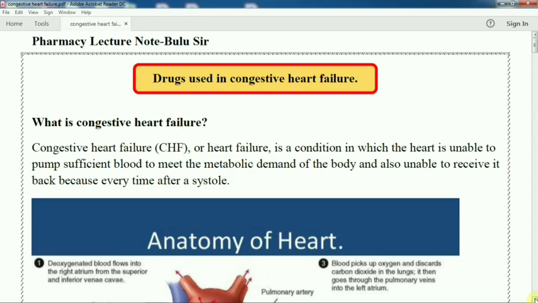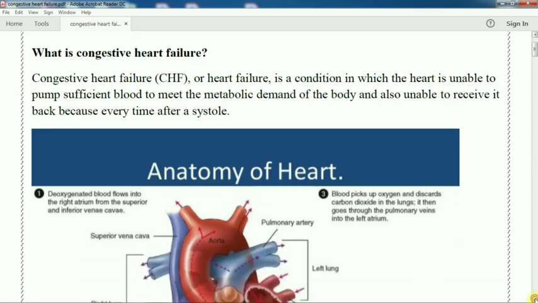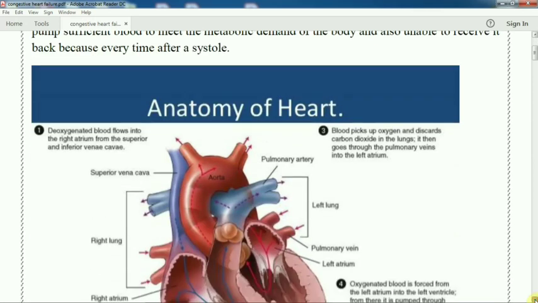Before going into detail, we should know the anatomy of the heart and the blood flow, which we studied in the first semester. Just recall how blood flows through the heart.